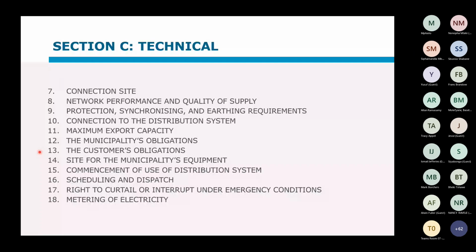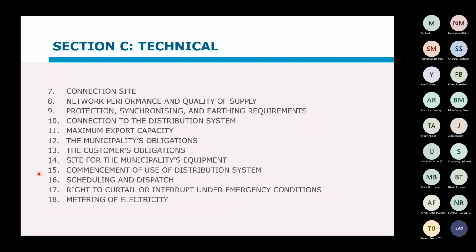Then if it's necessary to have a different site for the municipality's equipment, so let's say this IPP has got their own substation, and you just bring a line to the substation, then you need a space on their land where you can terminate the municipality's equipment.